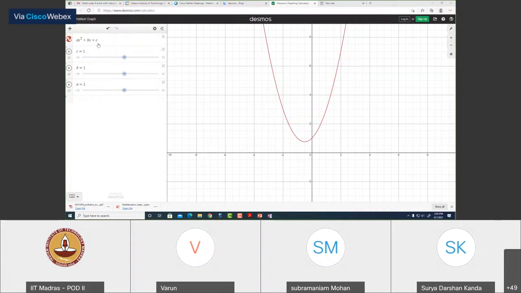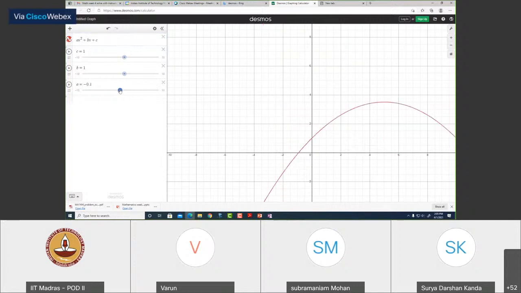There are three coefficients in a parabola: a, b, and c. If a equals 1, this is the parabola shape, and the vertex is here at x equals minus 0.5 and y value 0.75, right? That is the vertex.